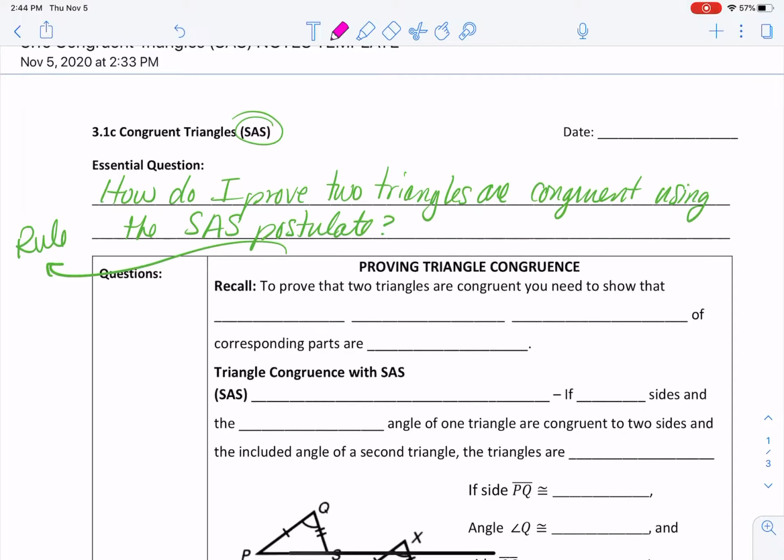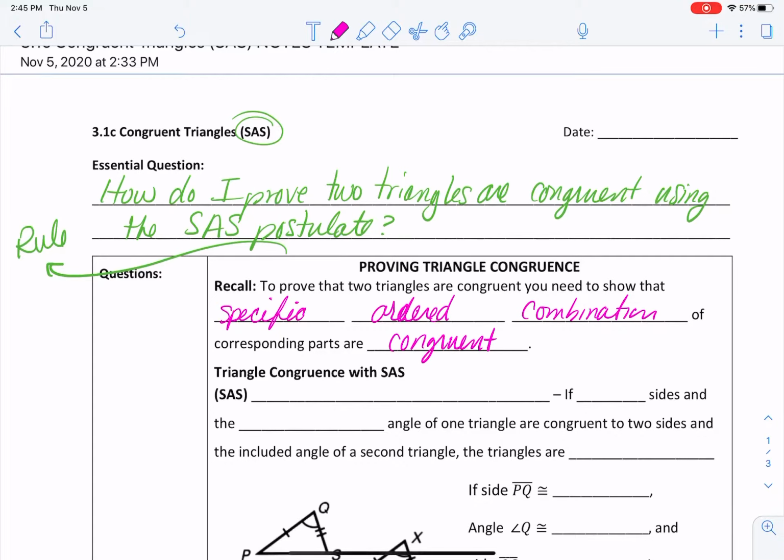So to prove that two triangles are congruent, you need to know that a specific combination of corresponding parts are congruent.